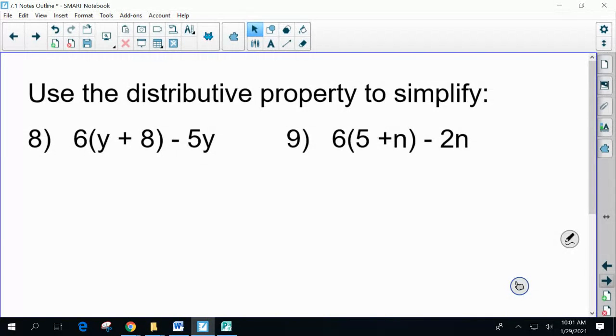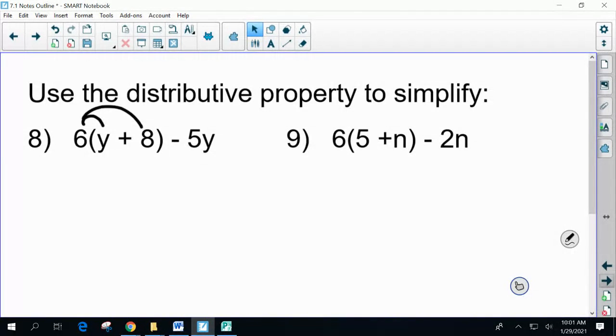When we use the distributive property, we are distributing that number in front to the entire set of parentheses. So you have to make sure you're distributing it to both parts in the parentheses, not just one. So starting off on number 8, I have to distribute this 6 to both parts.